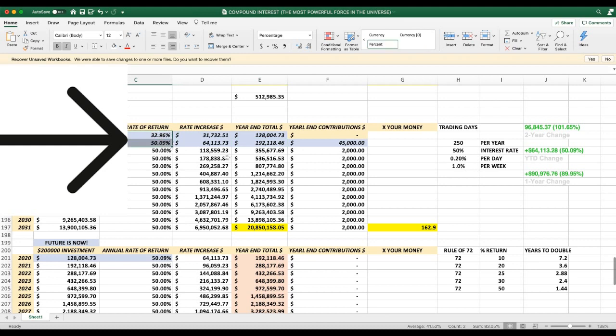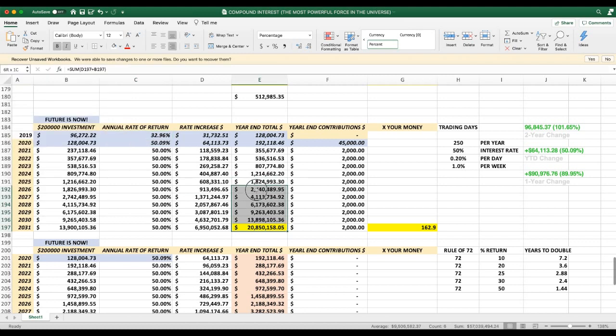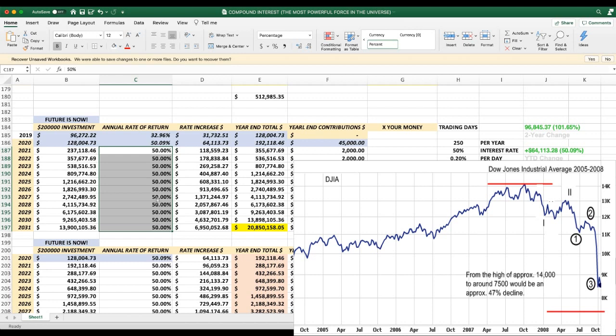That's the power of compounding. You don't have to make 100% to compound your money, and it gets really big down the road. So if I can just keep the 50%, make sure that we don't lose money this year and keep generating money and continue to make 50%, the account should be somewhere around 20 million.